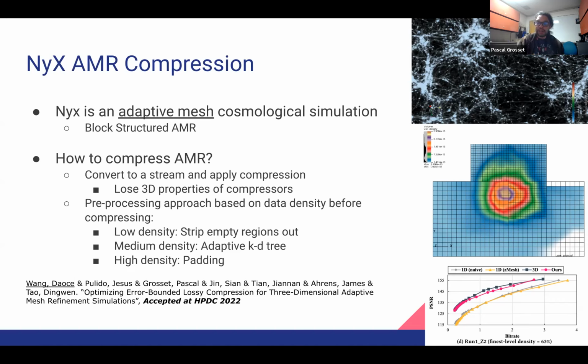Once there is padding per region, there is better compression, because you don't want a sudden drop from this is the data to suddenly this is 0, which confuses many predictors. Based on that, compared to just using a 1D native approach, he manages to have a much higher PSNR for the same bit rate.